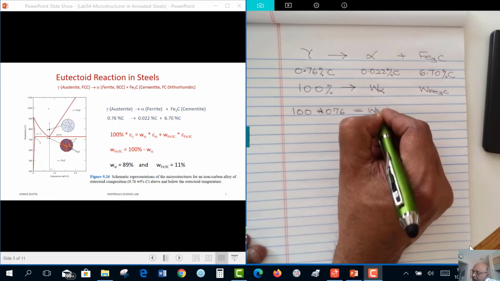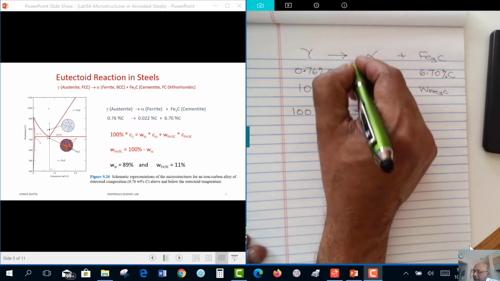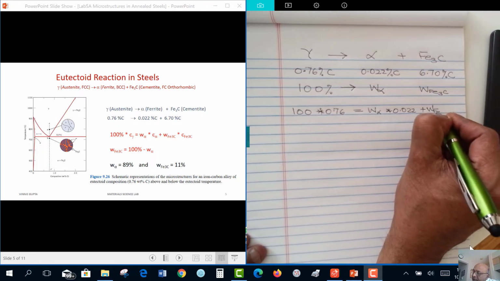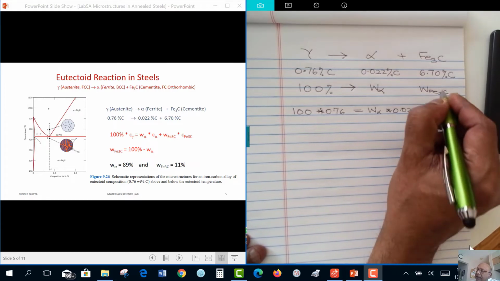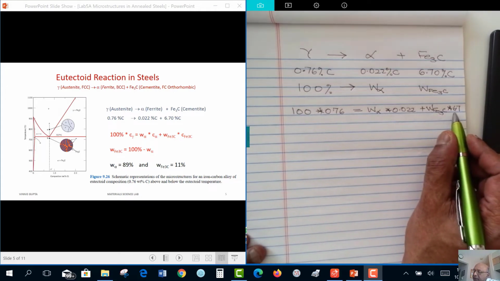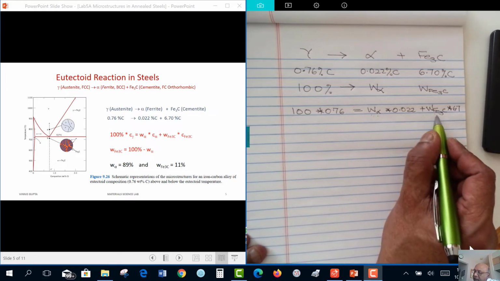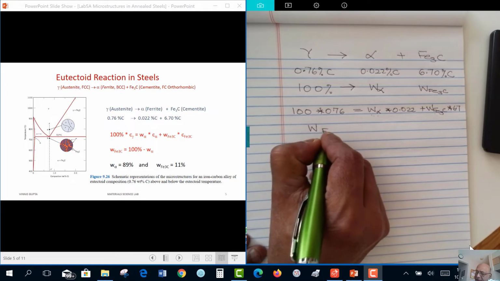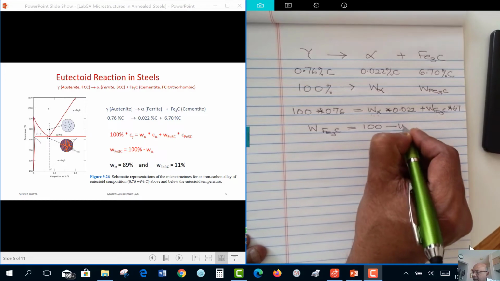We will have W alpha times 0.022, that much carbon in alpha, W Fe3C times 6.7, that much carbon from cementite. So you can see we have one equation, but we have two unknowns. But we know that these two are related. So we know that W Fe3C is 100 minus W alpha.